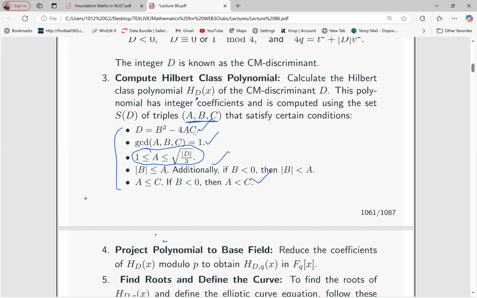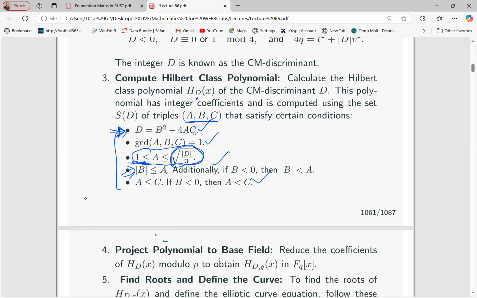After finding A, come to this and find B. After finding B, come to this and find C. So we begin with this. To begin, find the maximum A.